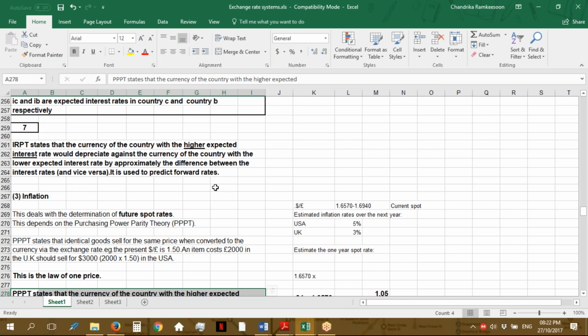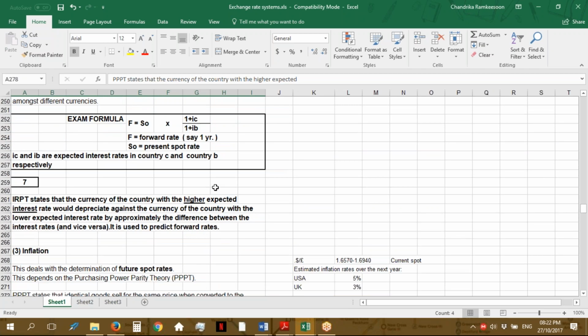And that's why I said this is the same thing as for PPPT. The very same thing. The only thing is, if you've got to do a calculation, you use interest rates instead of inflation rates. Now, let me see if I have an example here.